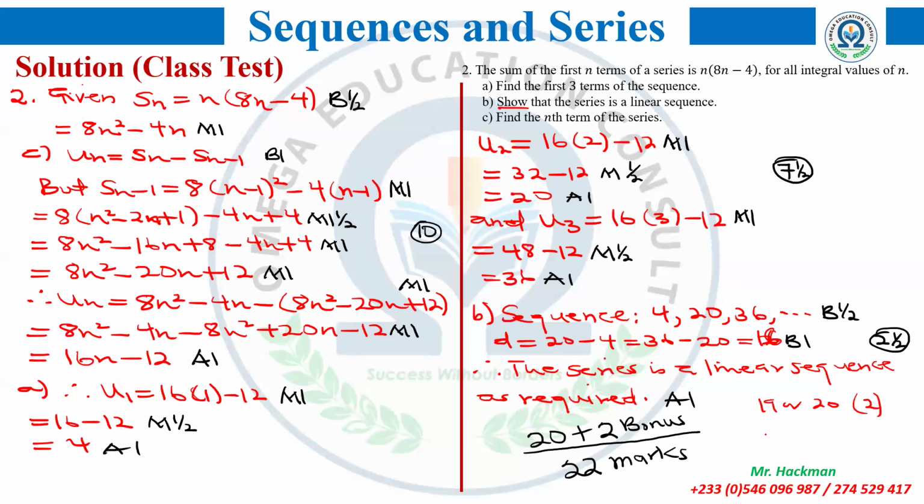However, if you scored, let me say 17 up to 18.5, you get the bonus mark of 1. Is that okay? I hope my point is well made. So if you scored 19, it will be plus 2, and that will be 21 out of 22.